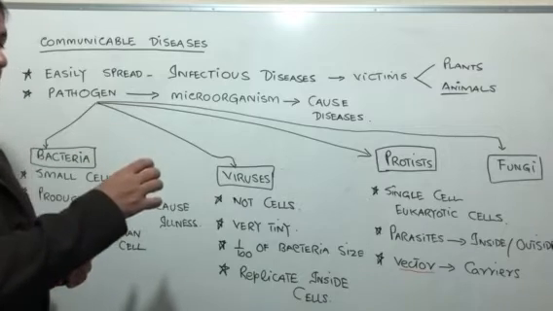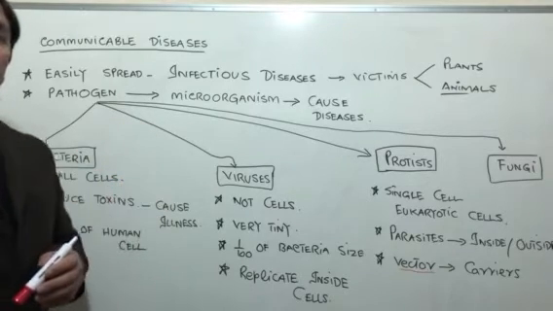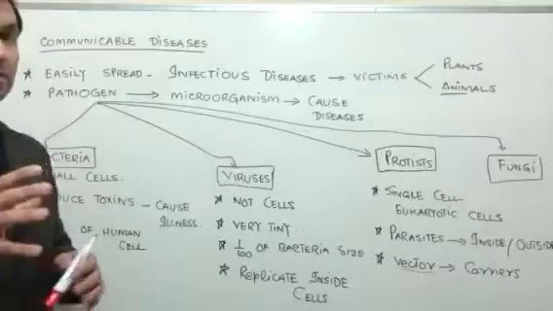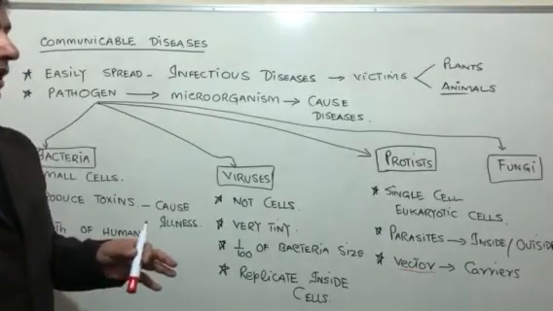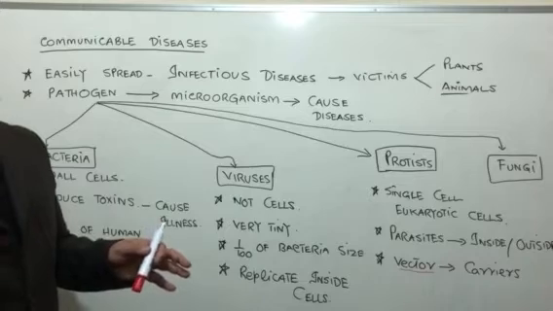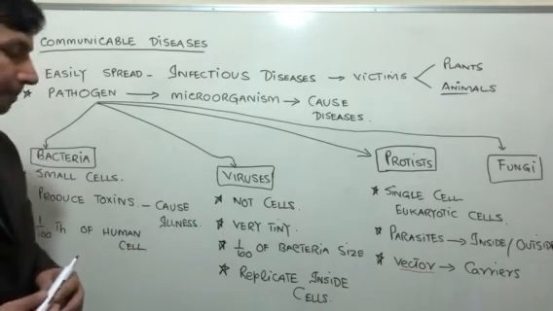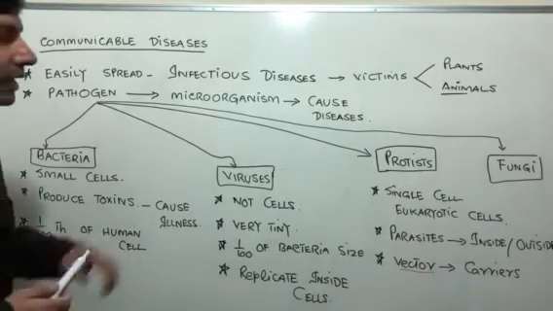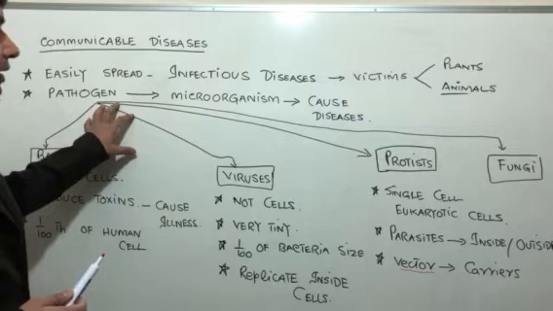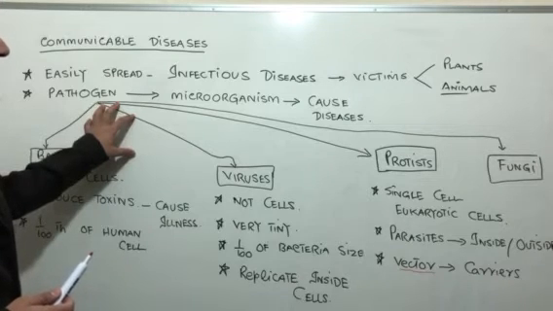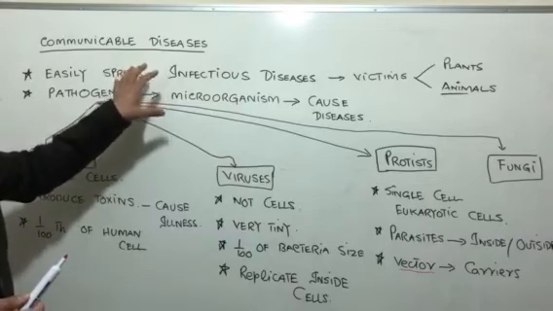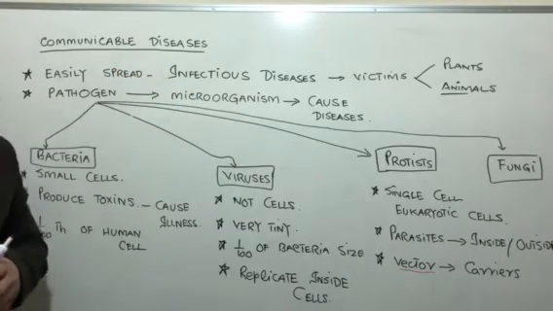They carry the disease from one mosquito to healthy human beings, but they themselves are not affected by the malaria parasite, Plasmodium. So these are the four types of pathogens, and pathogens are the agents which cause communicable diseases, which are also called infectious diseases.